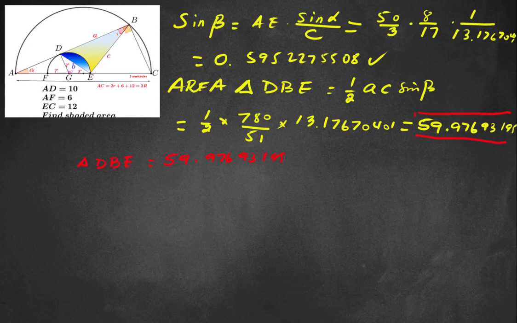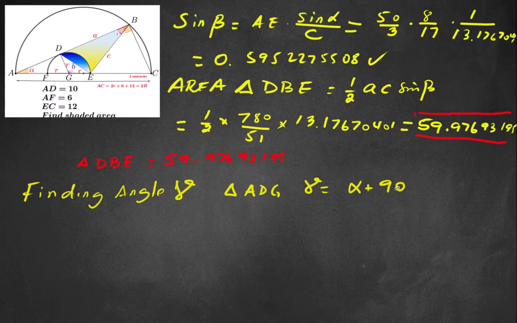To find angle gamma, we have to look at the small triangle ADG. We know that gamma is exterior to the triangle, so it's the sum of the interior angles. The angle at D here is 90 degrees because it's the tangent to the semicircle. So angle gamma is equal to 90 degrees plus alpha.